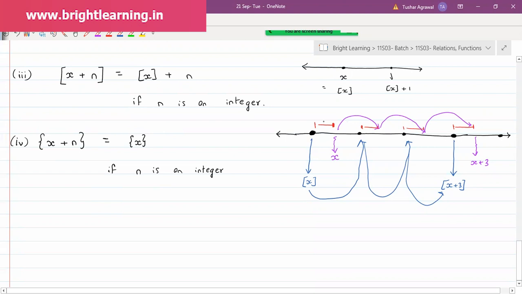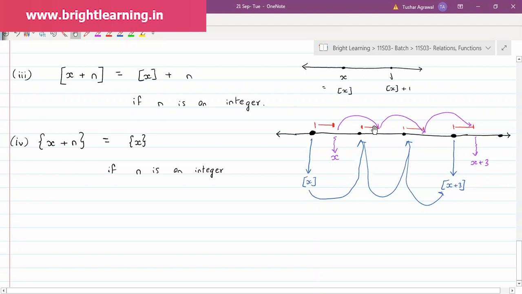The red parts in the same diagram that we have seen are x plus n. Whenever you make jumps of an integer along the purple, x plus integers, the red distance is the same. Whenever you move by plus 1, that red distance is the fractional part of x plus 1.